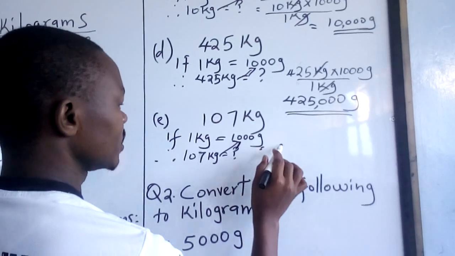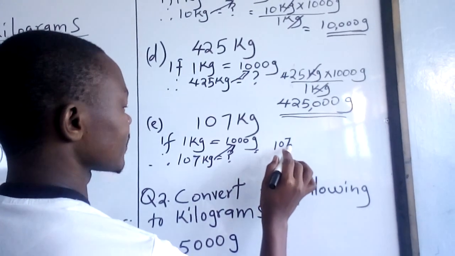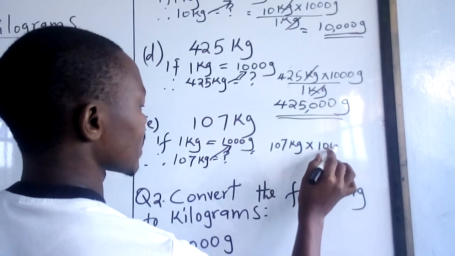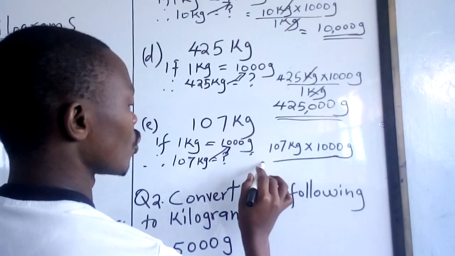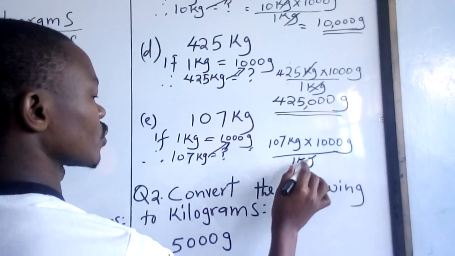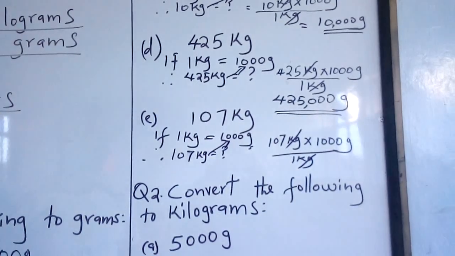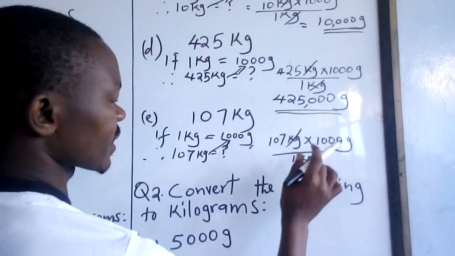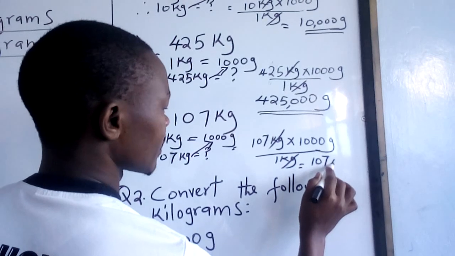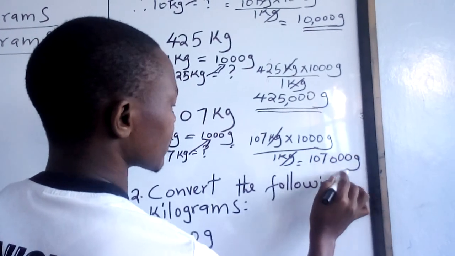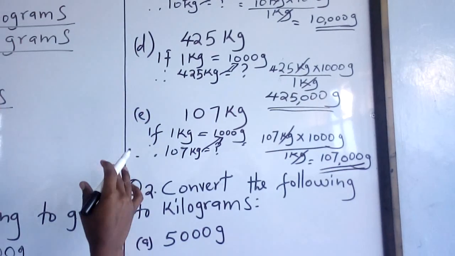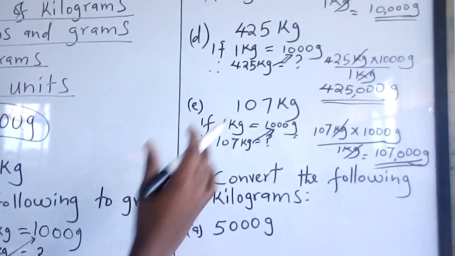So this is going to be 107 kilograms multiplied by 1000 grams all over 1 kilogram. So kilogram will cancel, you remain with 107 multiplied by 1000. Your answer is 107,000 grams.